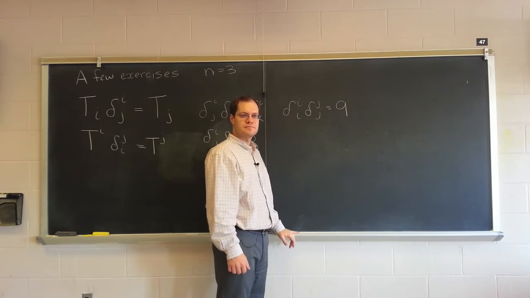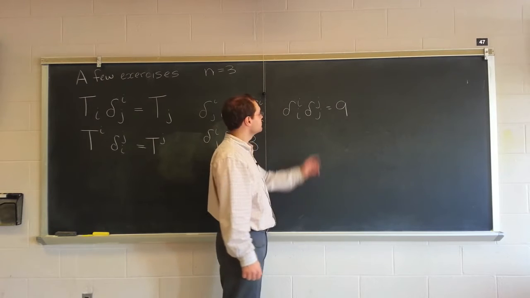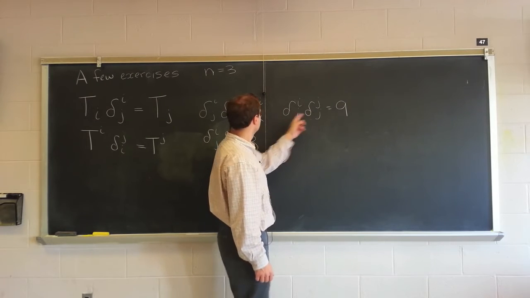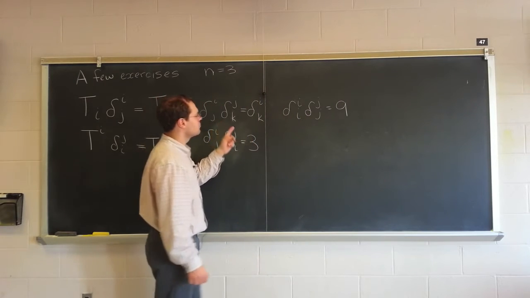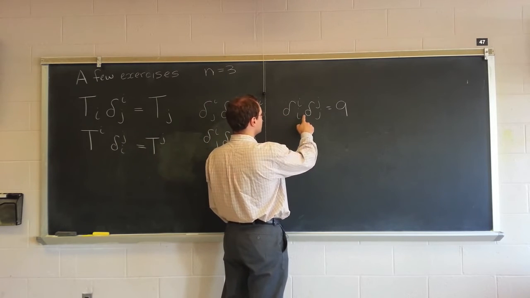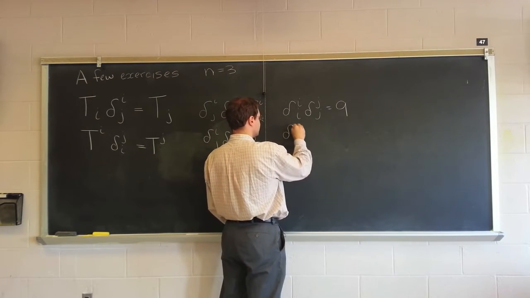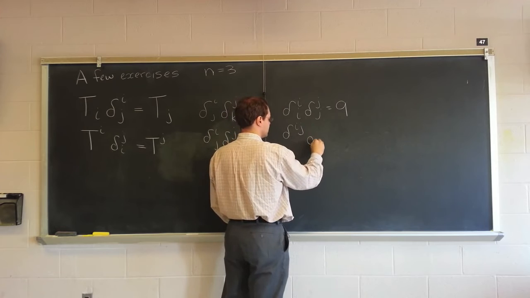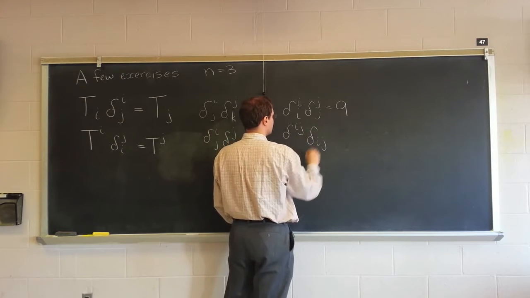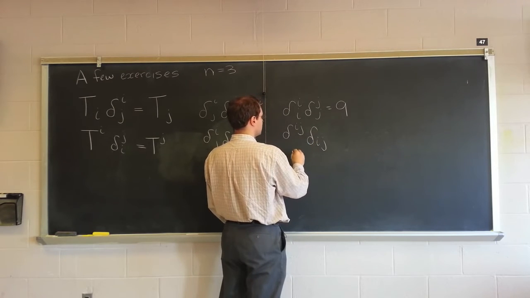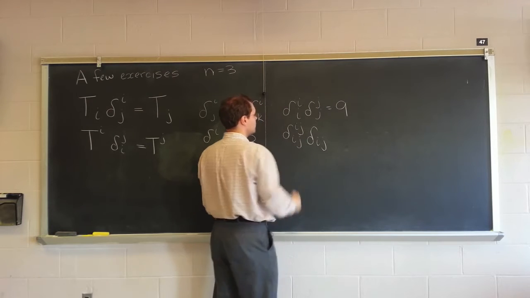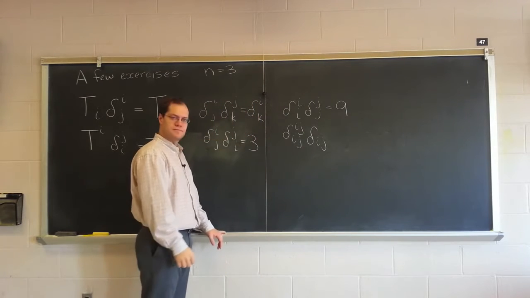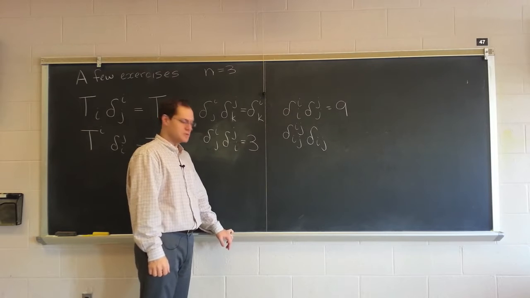Could you write that delta ij, so i and j on the top, 2 indices, and then i and j on the bottom? Like this? No, no. It means something else. We'll work with that later.